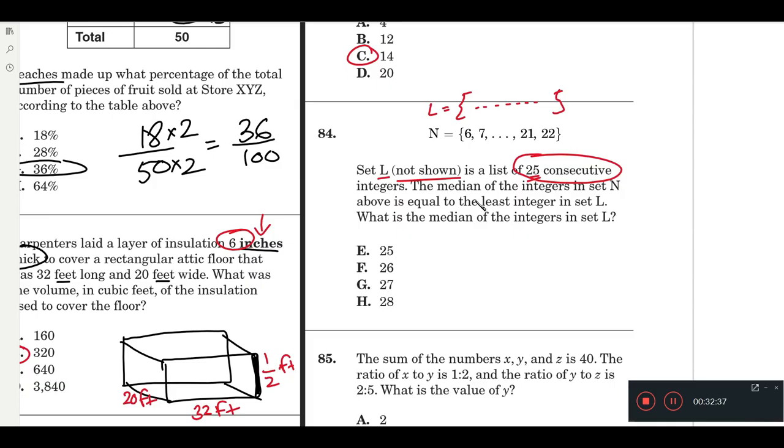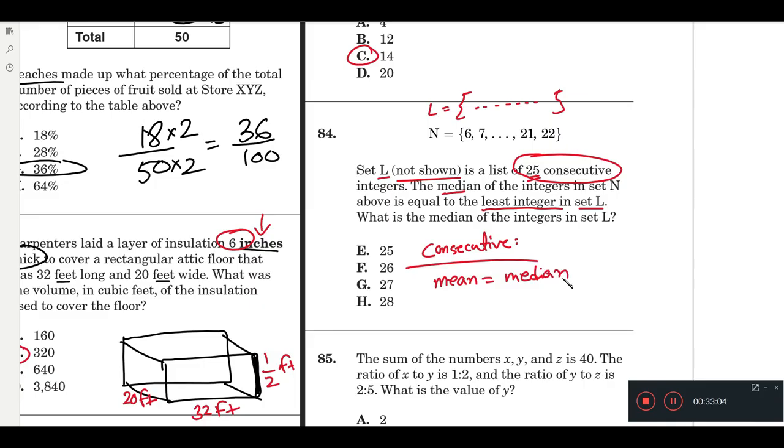Now, the median of the integers in set N above is equal to the least integer in set L. Now, I don't want you to participate. First, I want you to learn. Listen to me carefully, okay? There's a beautiful thing to learn. When consecutive, there are two things you can do. One thing you must remember, that mean is equal to the median.